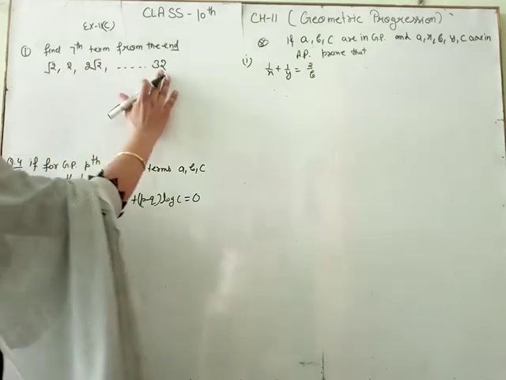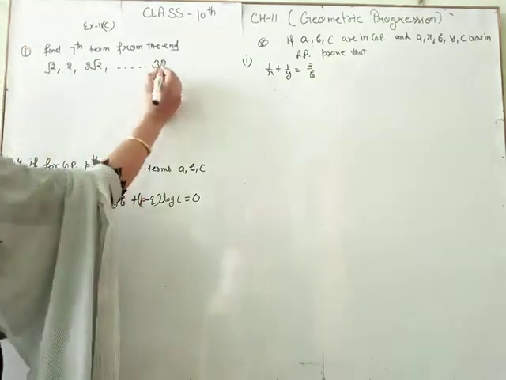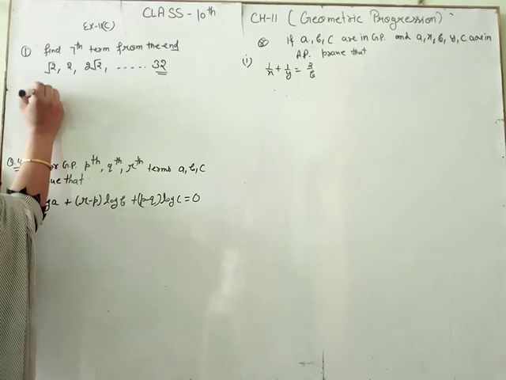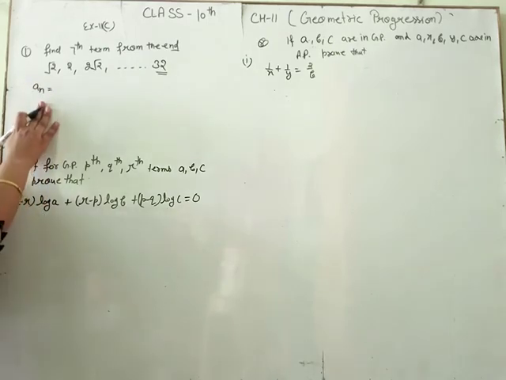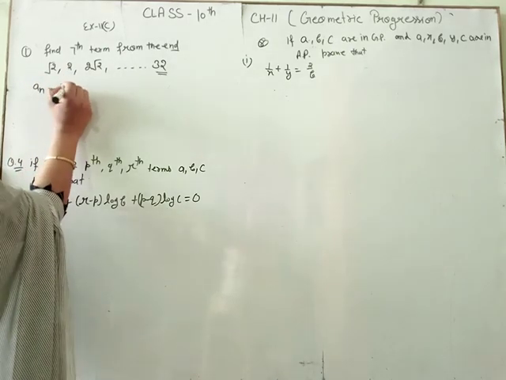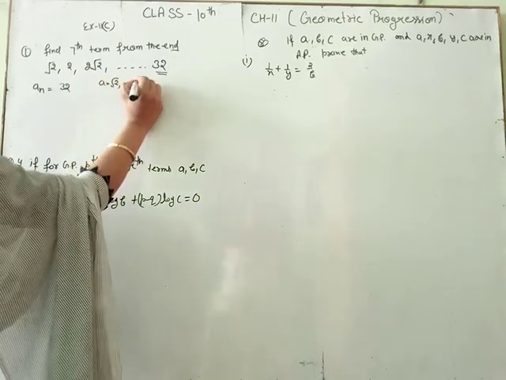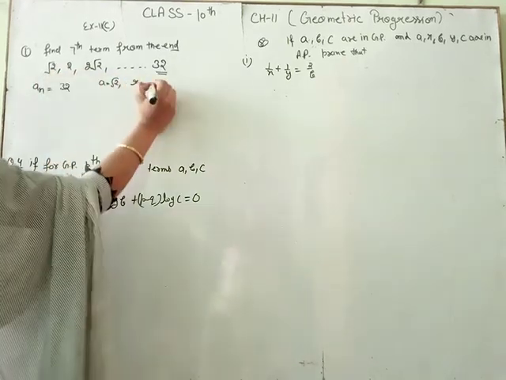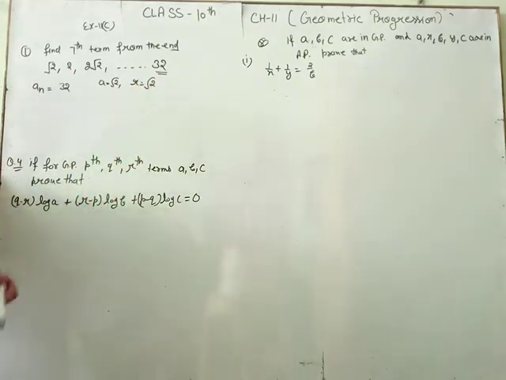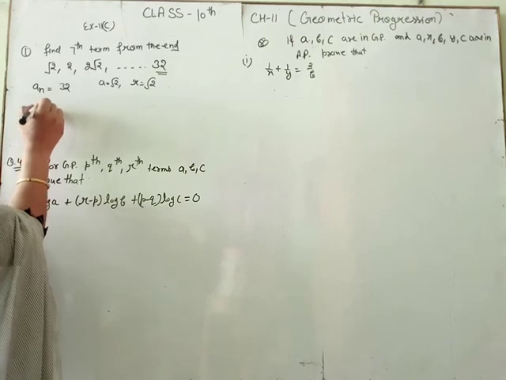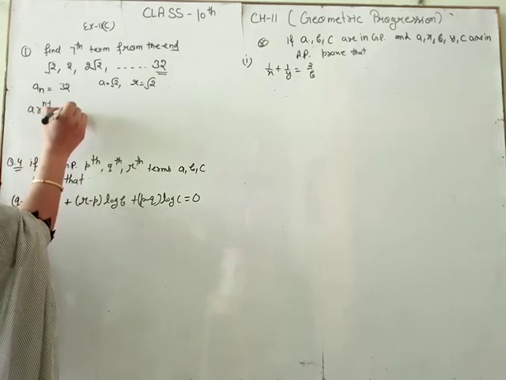For this, first we find n. What is this? This is the last term. Let the last term be the nth term, equal to an, and this is 32. First term of the GP is root 2 and r is also 2 by root 2, which is also root 2. Then what is the nth term of a GP? a r^(n-1) equals 32.